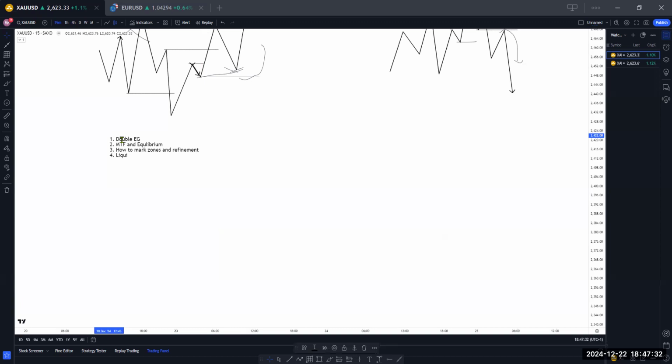Then we're going to cover liquidity or imbalance first. Hidden edges and imbalance, and liquidity. Okay. I hope you guys are ready.